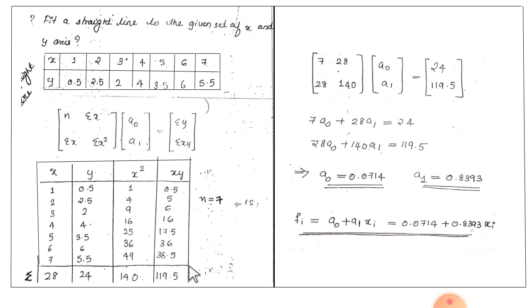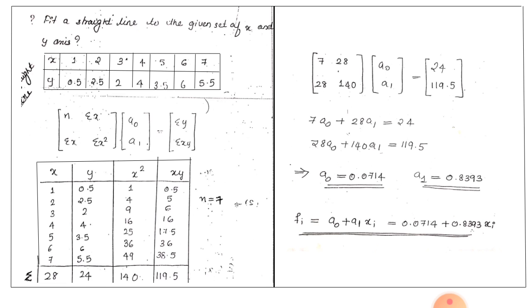Now you have to add all those values to obtain sigma xy. So now you have found the n value, sigma x value, sigma x squared value, then sigma y and also sigma xy value. Substitute all those values in the governing equation.